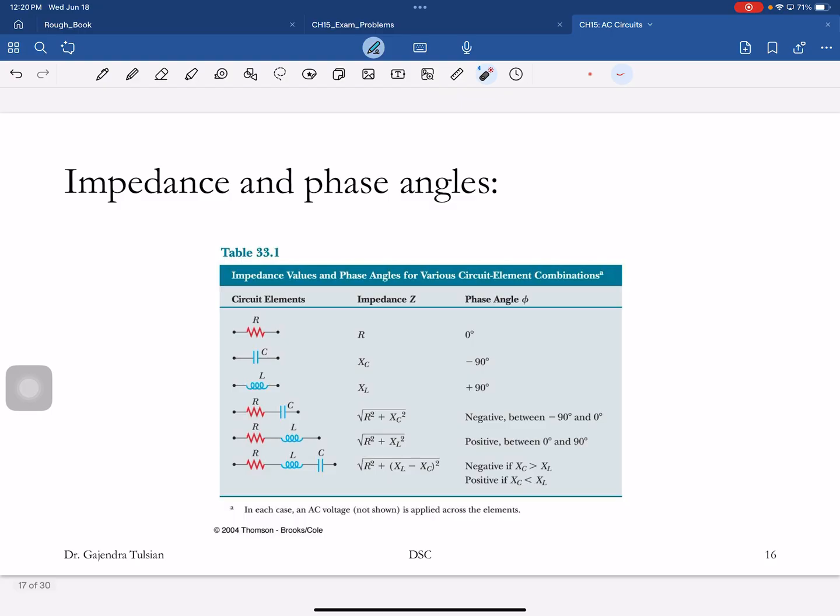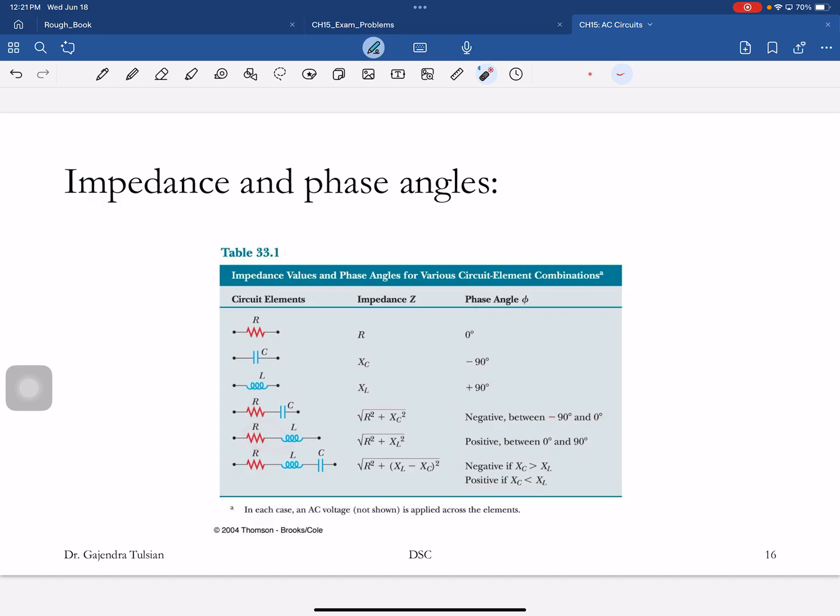So by the way, here's the table of various elements. For just the resistors, there's the impedance and the phase angle. Remember, these are the two things we want of any circuit. For this one, XC and minus 90 degrees, plus 90 degrees. For a combination of resistor and capacitor, the phase angle will be between minus pi by 2 and 0.